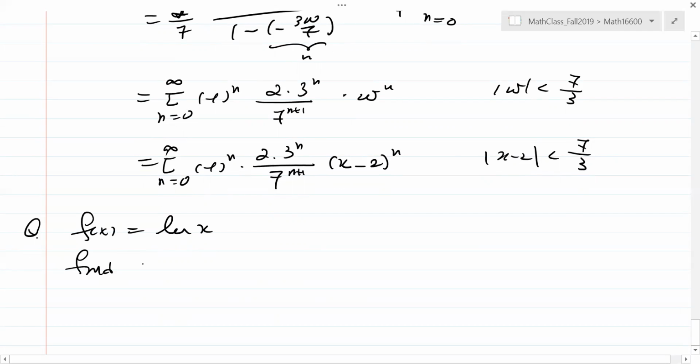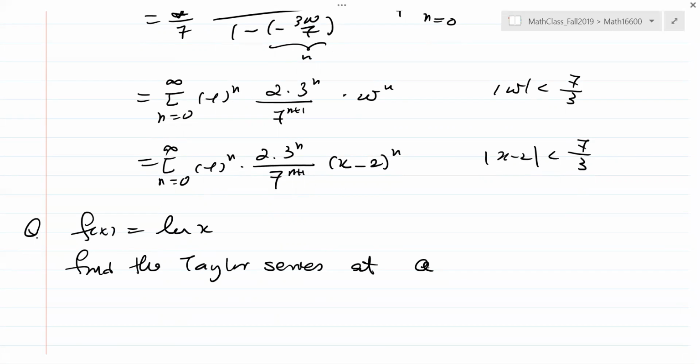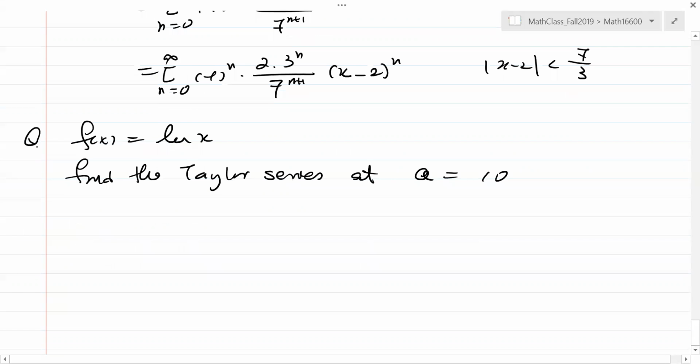So I find the Taylor series at any number. A could be any number greater than 0, it's fine, right? Because the function is defined for positive x. So at a equals 1, 2, 3, 4, 5, and really it doesn't matter. So I can say 10. I just randomly pick a number.